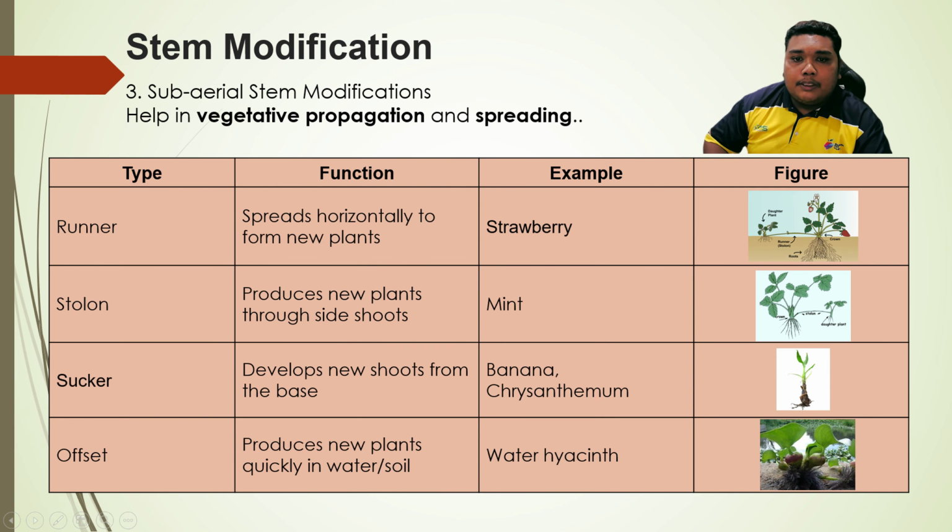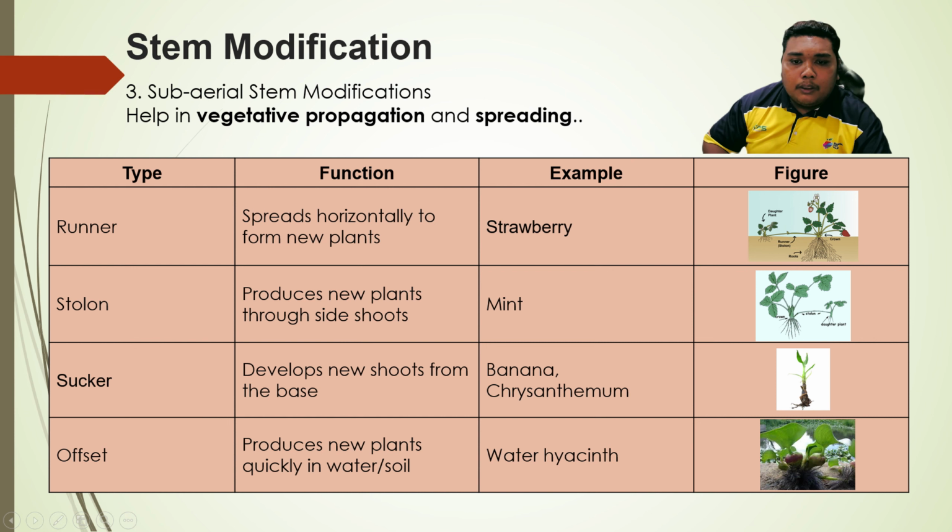Lastly, sub-aerial stem modification helps in vegetative propagation and spreading. We have four types. Firstly, runner, which spreads horizontally to form new plants, such as strawberry. This part from the stem will go horizontally to spread the new plant.